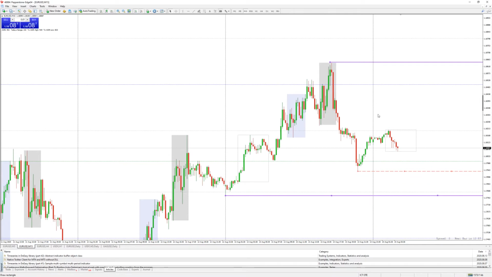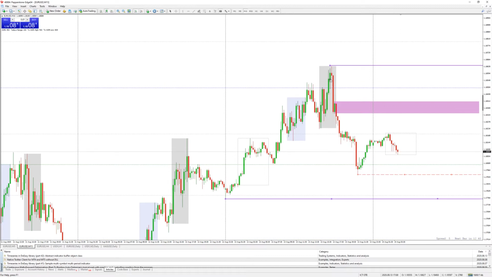On this euro, I think it's quite clear. You see one here, you see one on top here as well. There's one here, but it's already been reacted to and it's gone. There's one here, it's already gone.